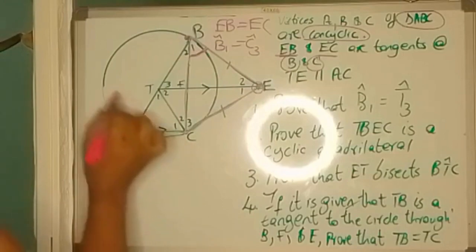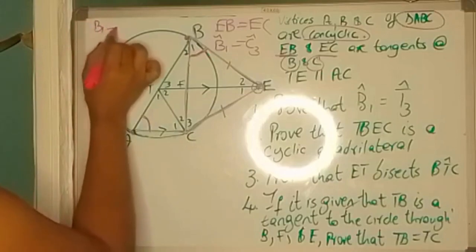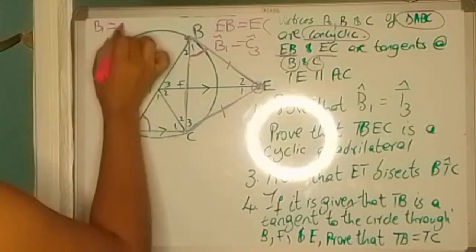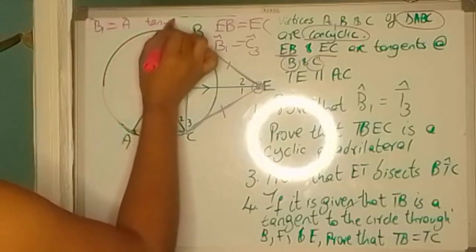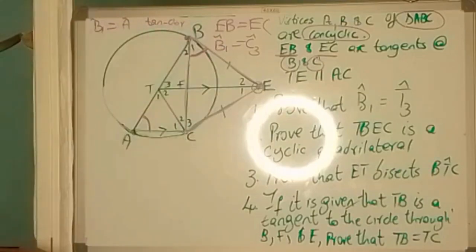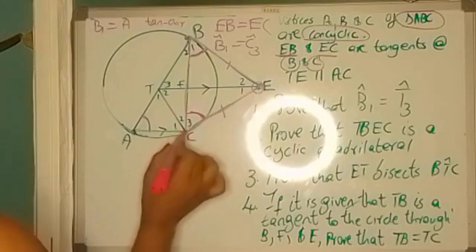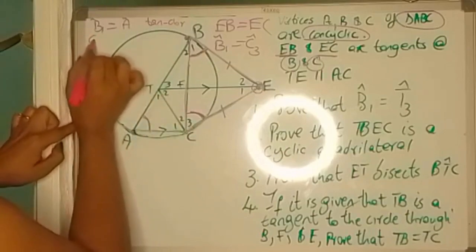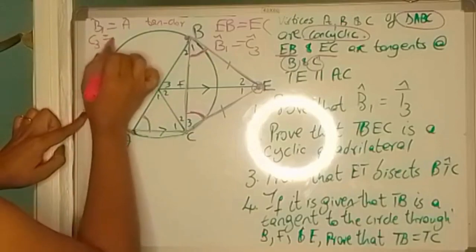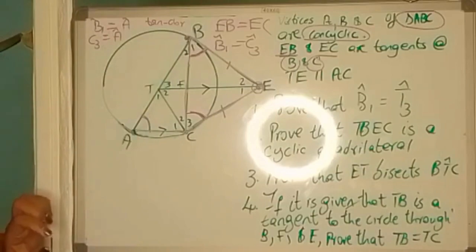That means B1 is equal to angle A. That is our tangent chord theorem. We also have the second tangent. We have an angle that is between tangent EC and chord BC, and BC is opposite angle A. So C3 is also equal to angle A. It's still the tangent chord theorem as well.